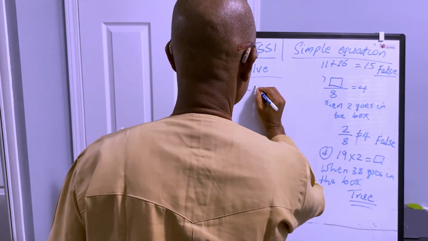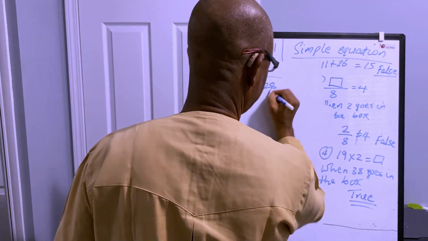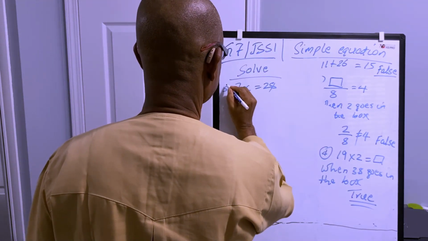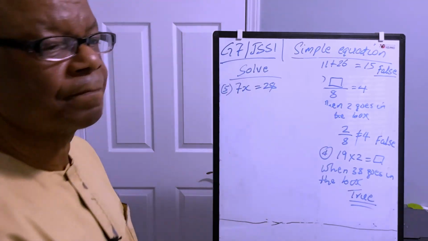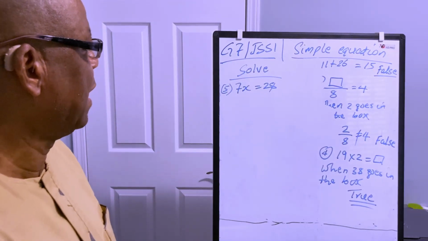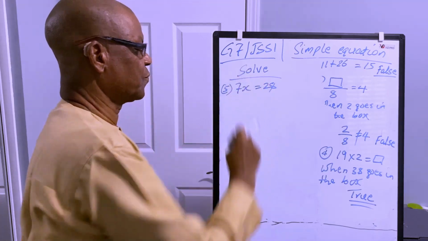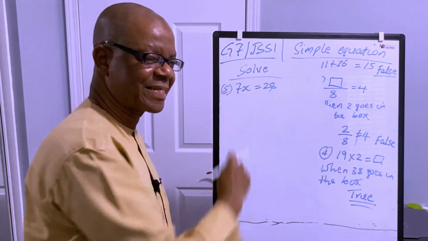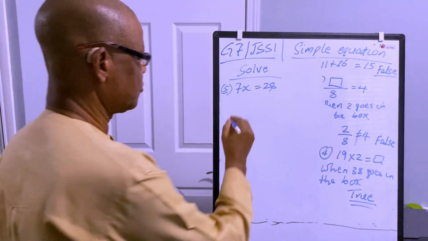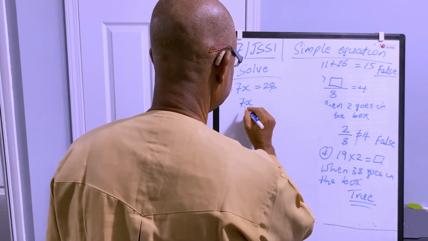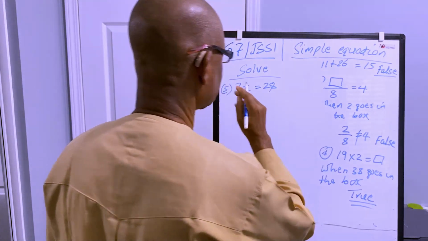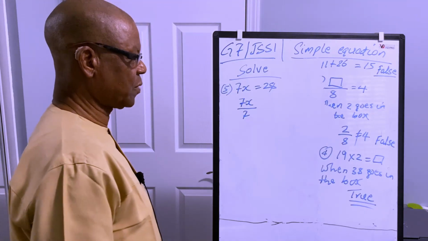7x equals to 28. Let's label this number 5. So with this very word solve, we are expected to find the value of x, not 7x. And so we now have 7x we are given divided by 7, because we want to single out x, which is what we are looking for.